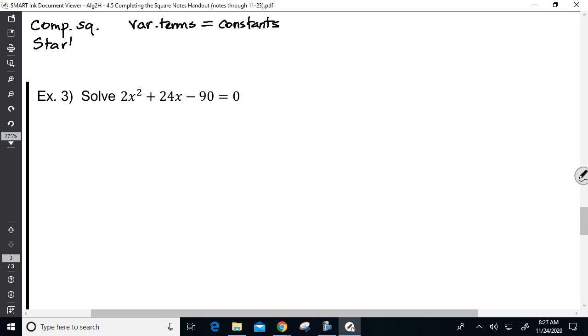That's how you want to start. That means that negative 90 has to move. Put it on the other side of the equation. That's how you want to start the problem.